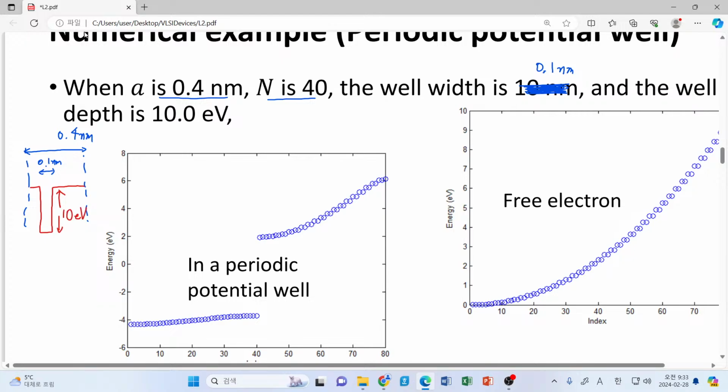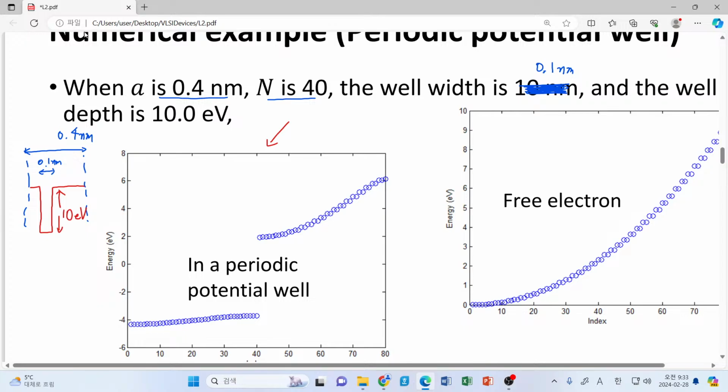Sometimes I have used 1 electron volt, but right now this value is 10 electron volt.